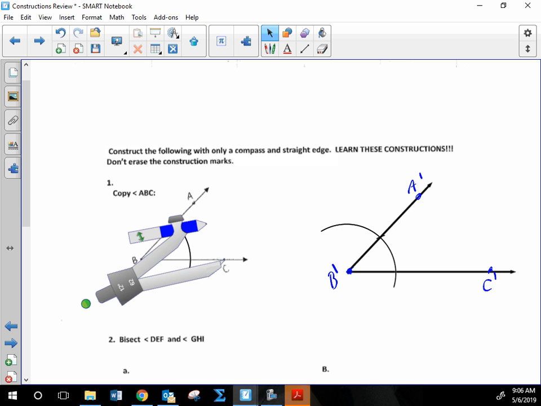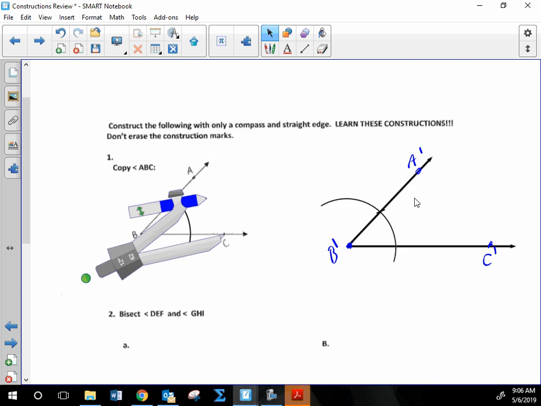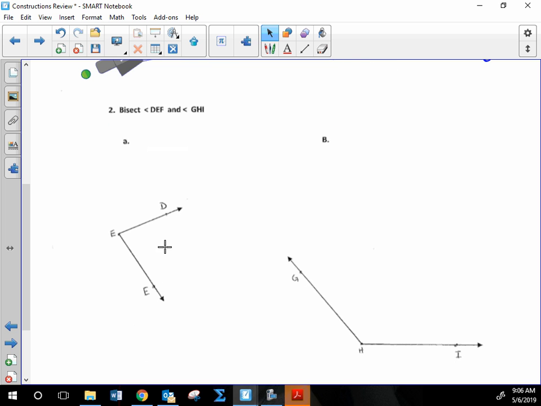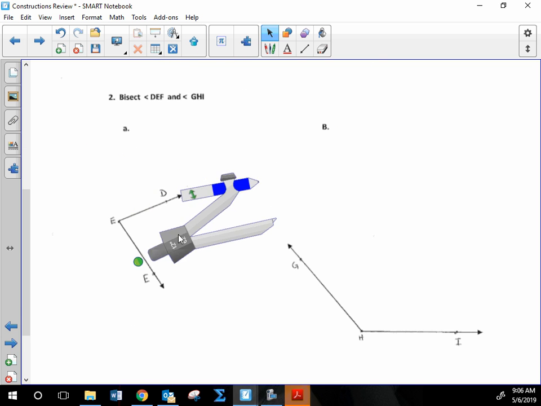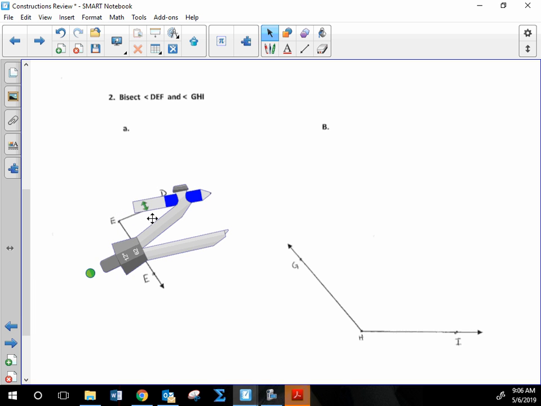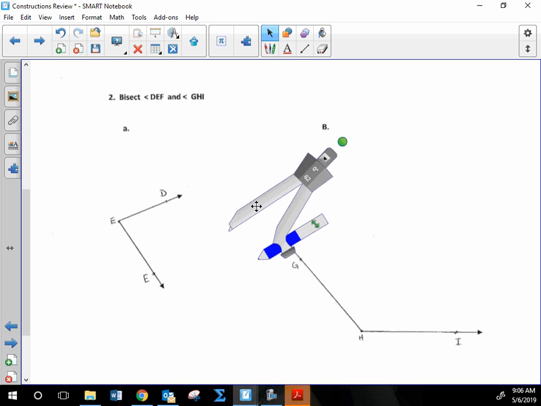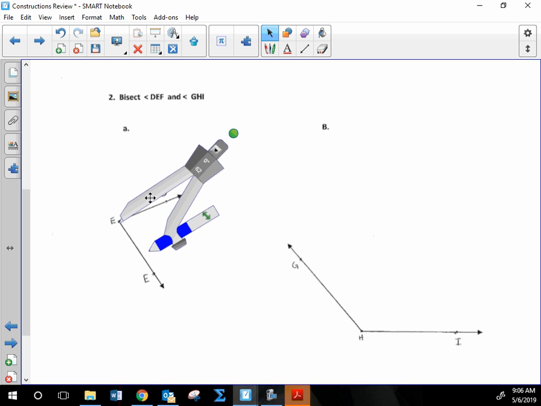Okay, so same thing for bisecting the angle. We don't use our ray labelings for that. I don't use D and E. If you happen to go through it, great, but we don't actually use those. Our bisecting the angle is a similar process. We first draw an arc that intersects on both sides.